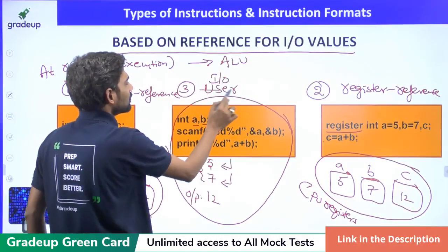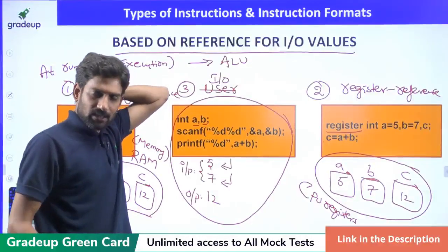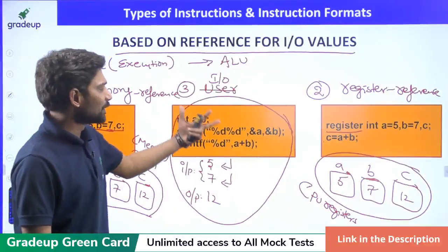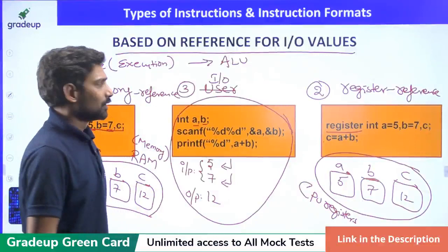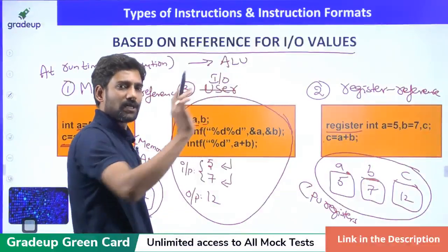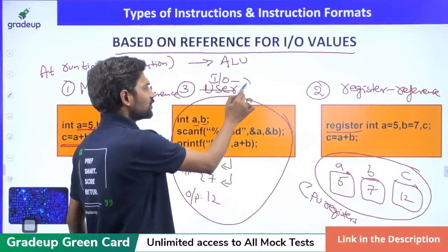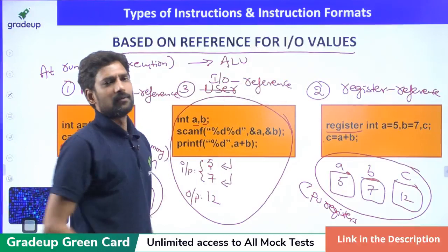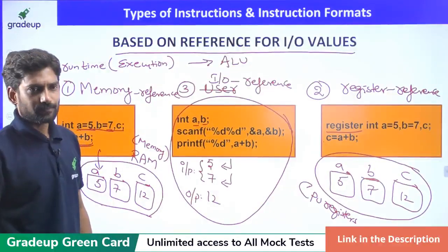Why? The user gives the input through an input device and gets the output through an output device. So IO devices are the interface between us and the computer. So IO or user you can use interchangeably. You may call it user reference, nothing wrong, but formally we take it as IO reference.